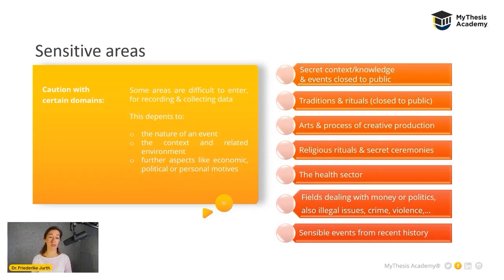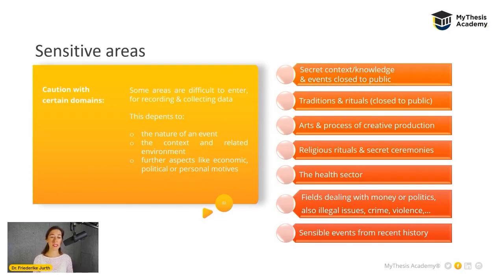So the first sector and domain are the areas of secret context or secret knowledge and related events, which are normally closed to the public.